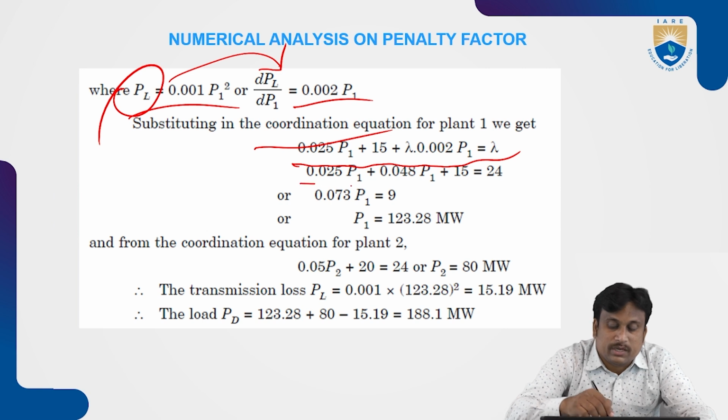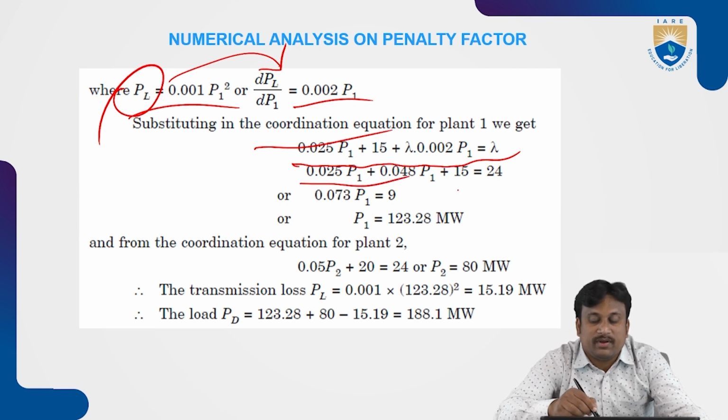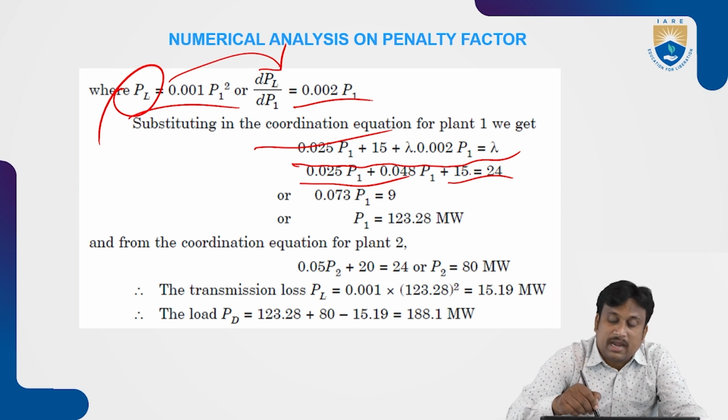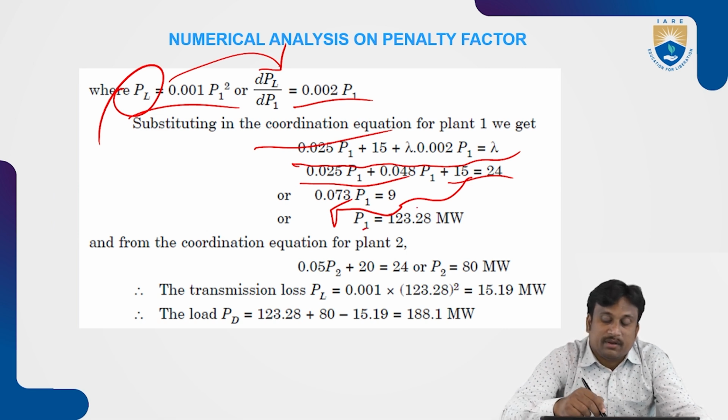So here 0.025 P1 plus 0.0048 P1 plus 15 equals 20. Now we can write this combination as 0.073 P1 is equal to 9. So writing for P1, it becomes 9 by 0.073.